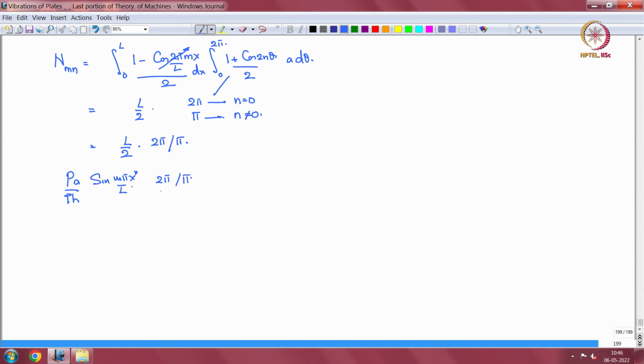And then here I have L by 2 into 2 pi or pi. So when it's 2 pi, this is also 2 pi. This part is Nmn. When the numerator has 2 pi, the denominator has 2 pi, and when the numerator has pi, the denominator has pi, so they cancel out.